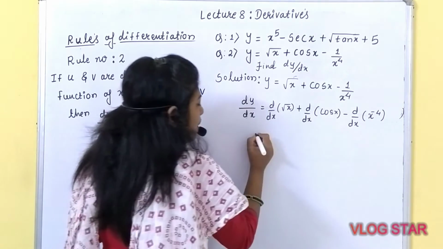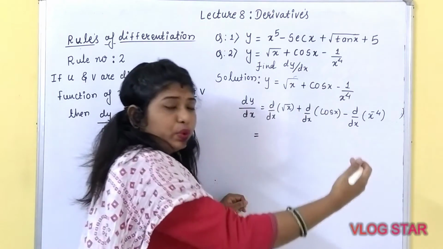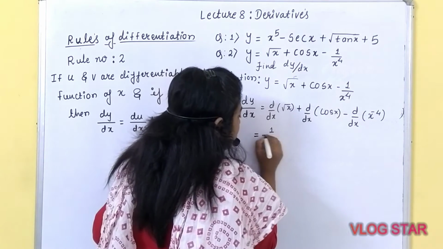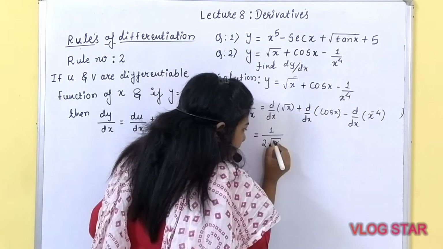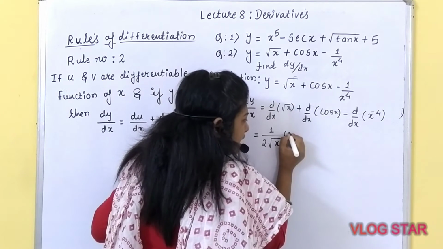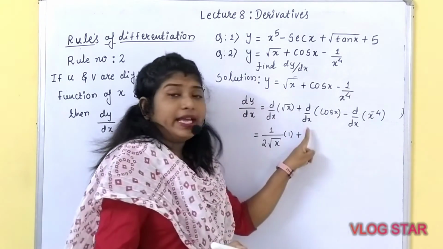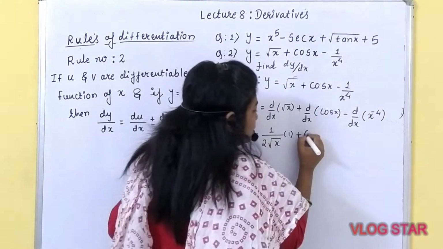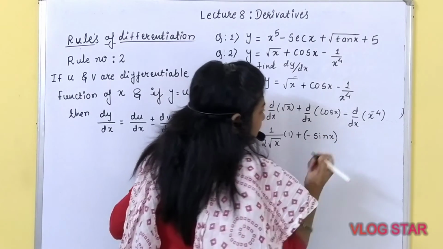Now as you know, the standard formula for the derivative of root x is 1 upon 2 root x into the derivative of f of x. f of x in this case is x, so the derivative of that term is 1. Plus, what is the derivative of cos? The derivative of cos is minus sin x.